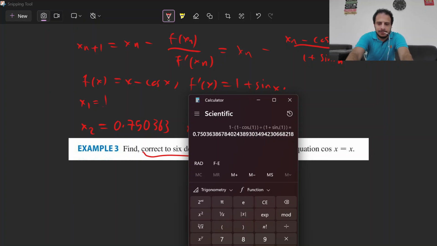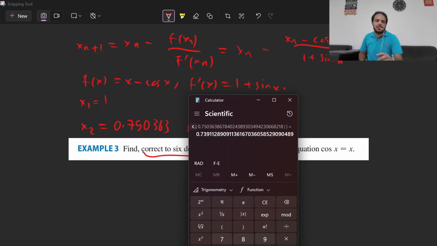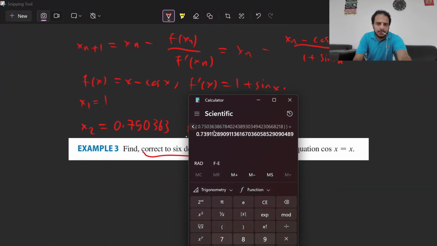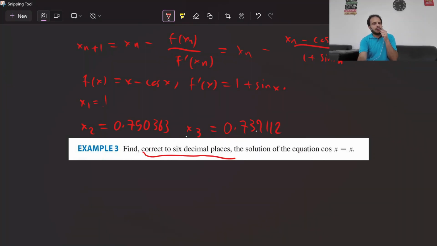Control C, Control V, minus, open parentheses, Control V, minus, Control V cosine, close, divide, open parentheses, 1 plus Control V sine, close, you get this number. Yes, it's correct. What are the correct digits now? 0.7. Yes, thank you.